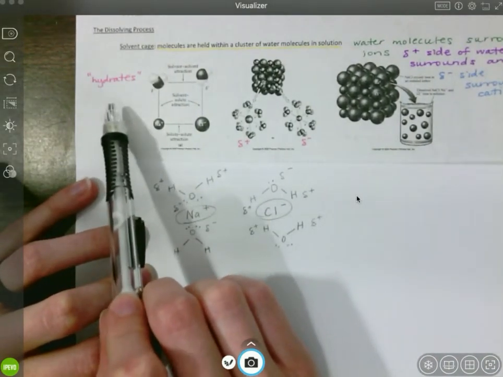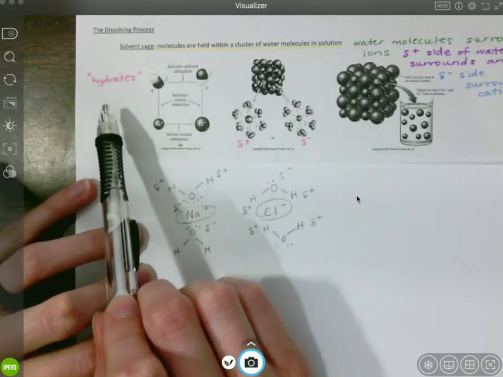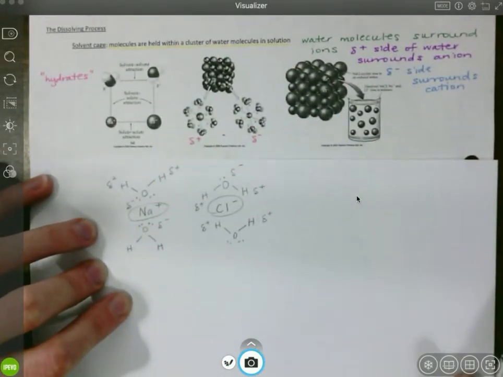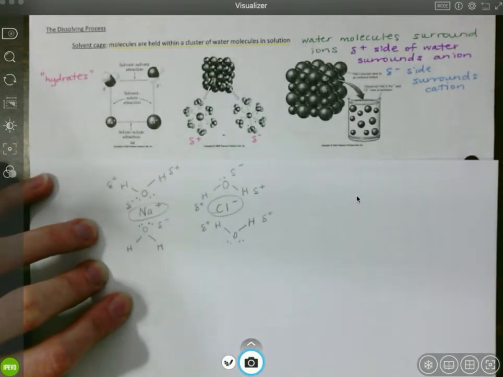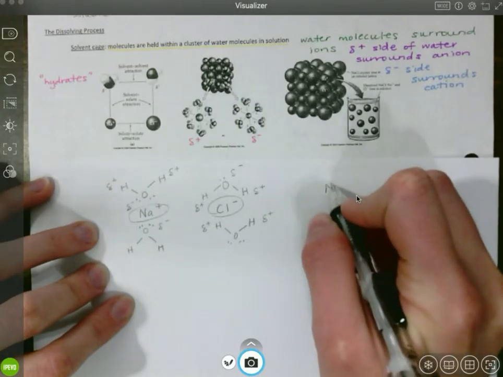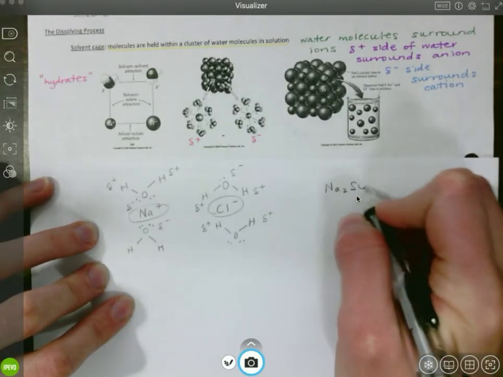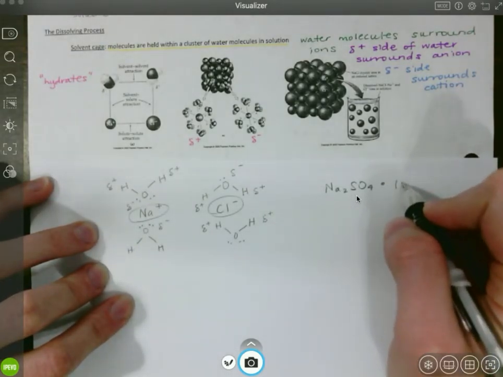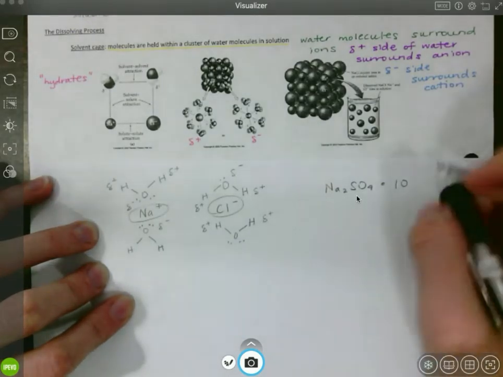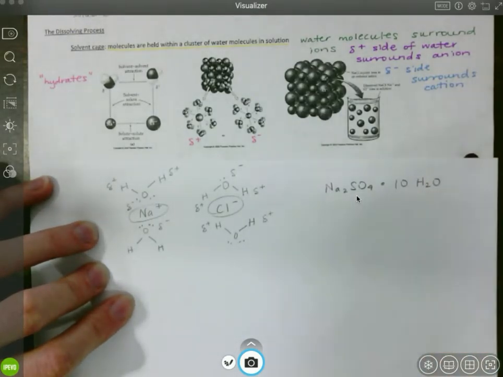Substances that are dissolved in water this way, we call hydrates, meaning they have water molecules attached. When we were doing molar mass of substances, you might have seen something like sodium sulfate, then a multiplication sign, and then water.